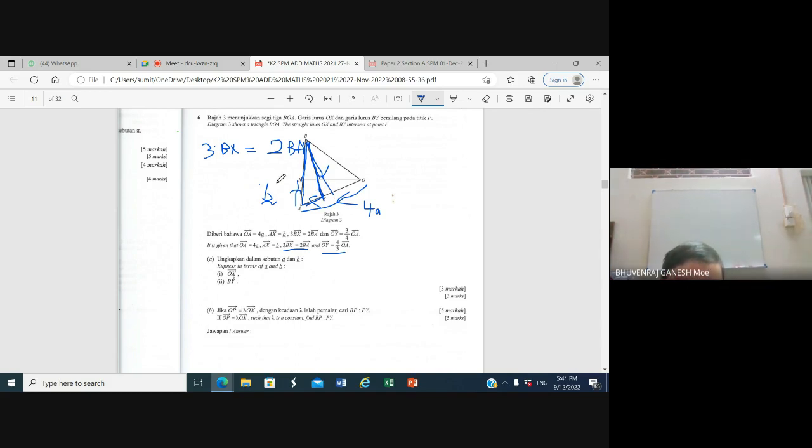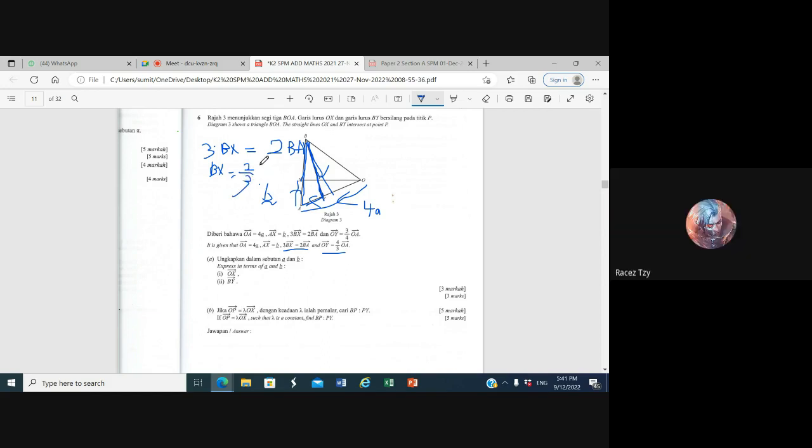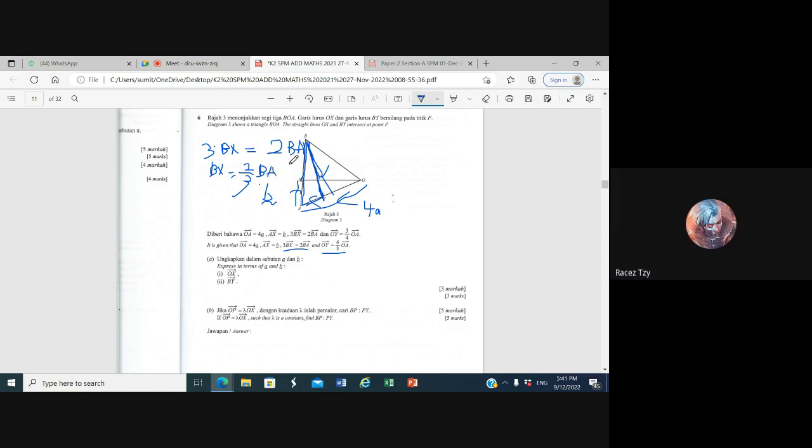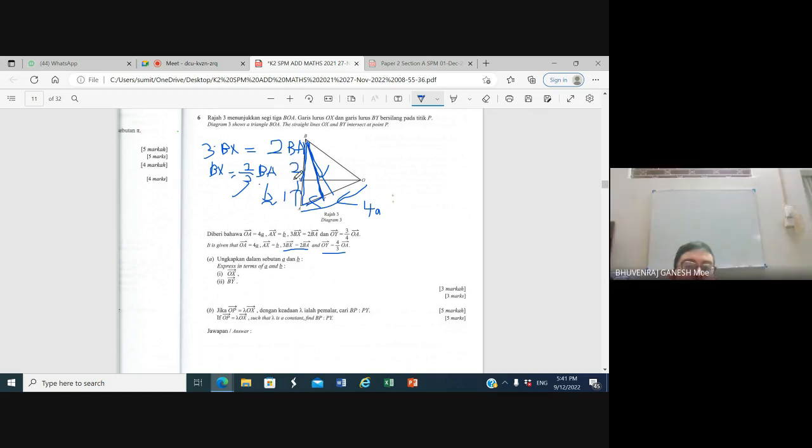So now we want to find BX. They say the ratio is like this, right? Means BX is 2/3 BA. Do you know how to get this? The 3 moves there, divide. Correct. So BX is 2/3 BA. In other words, BX takes up 2 parts and AX takes up 1 part.